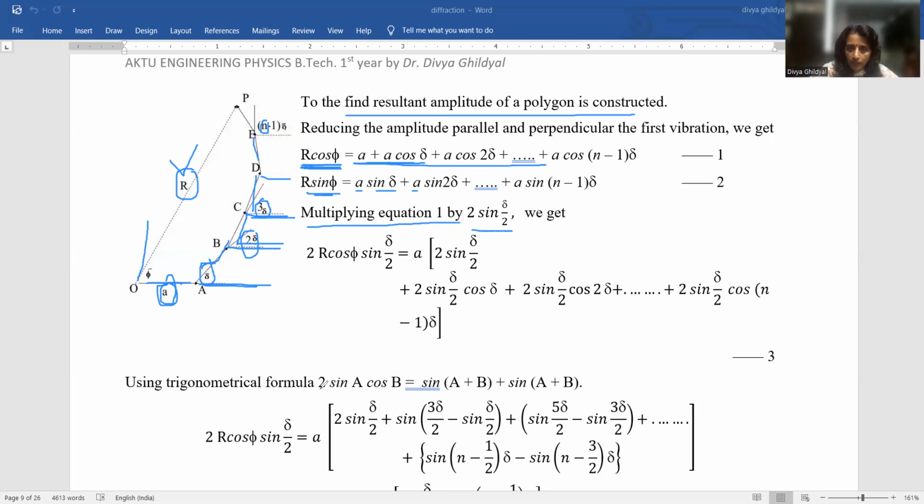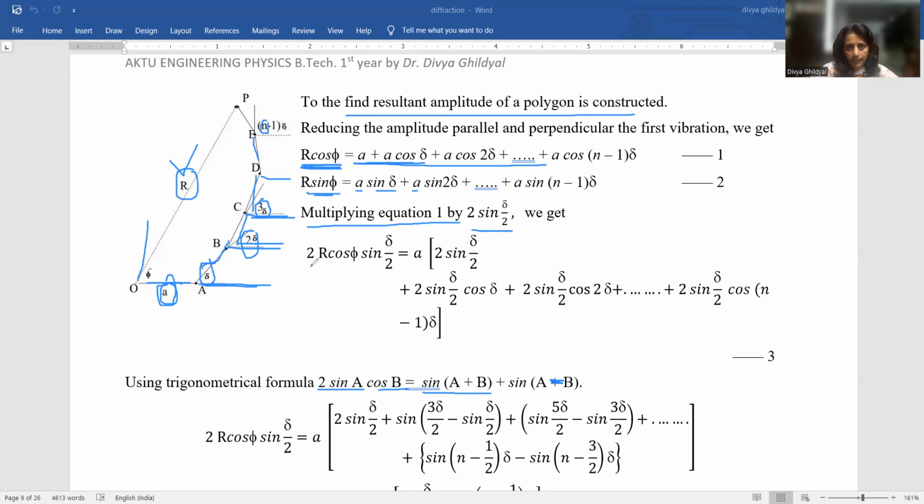Now from trigonometry, I know that 2 sine A cos B is equal to sine (A plus B) plus sine (A minus B). Now I will use this formula to simplify this expression.